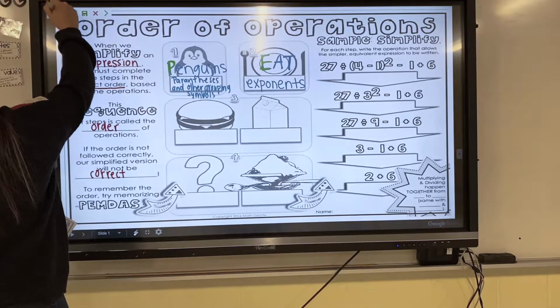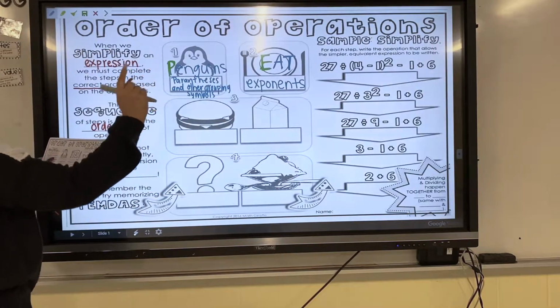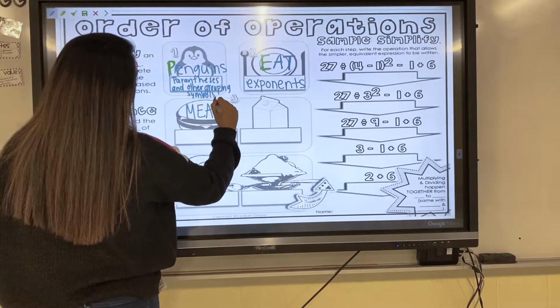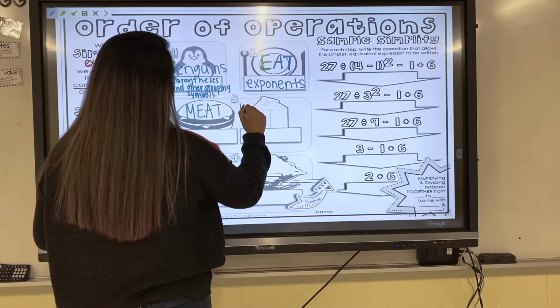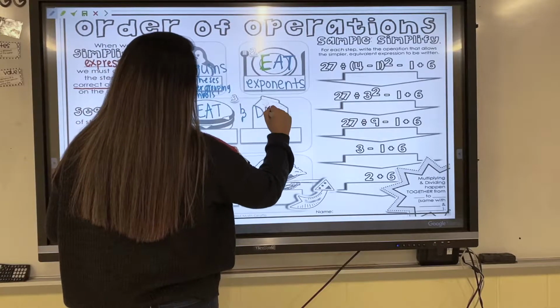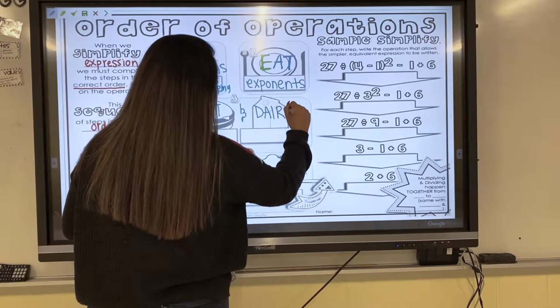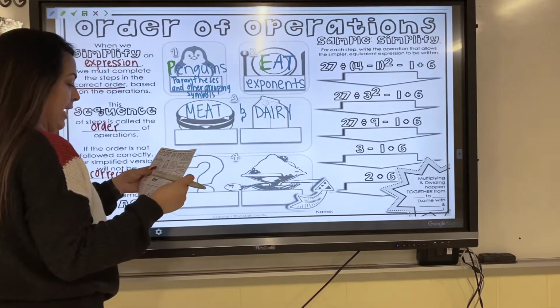So for number 3, it says penguins eat meat and dairy. Make sure I spell dairy and not diary, because that word is actually hard.